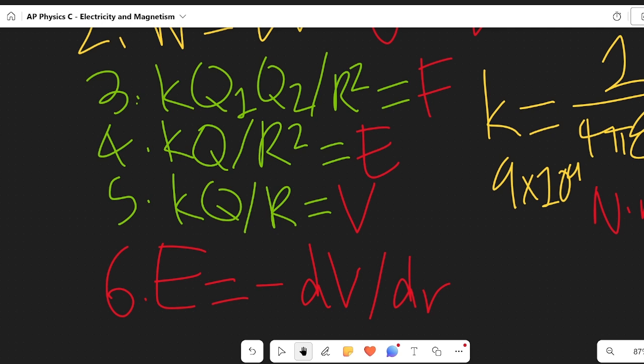Also, on the actual AP test, k will actually be given as this, so make sure you write this, but this is just so you remember the equation more easily. The k helps simplify all these variables into a constant. And lastly, know how to go from electric field to potential: E equals negative dV dr.